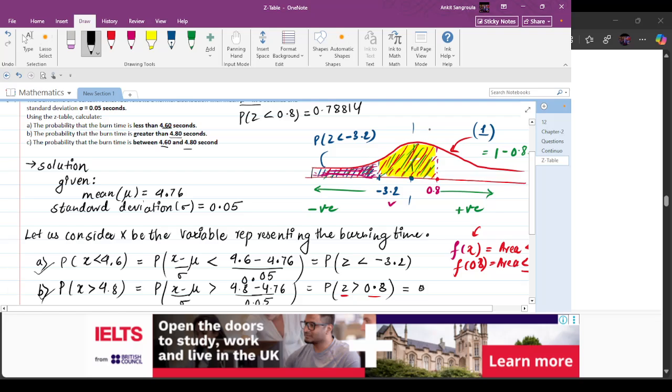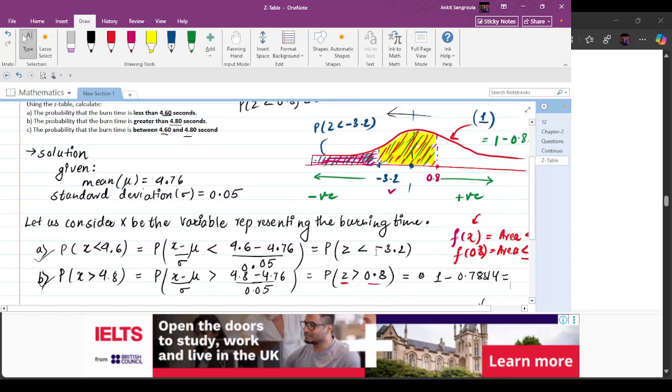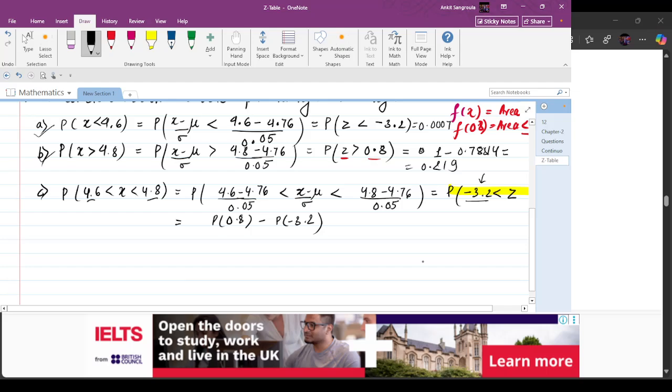That means all this area that is less than 0.8. But since we are meant to find Z greater than 0.8, we know that the whole area is 1, so we subtract 1 minus 0.78814. I have already discussed this, and the final value will be 0.2119. And this we had already found to be 0.0007. It was 0.0069, I rounded it off.